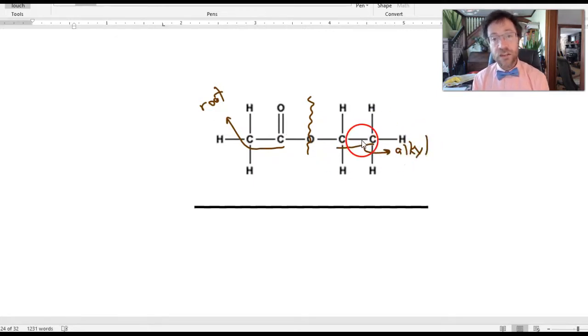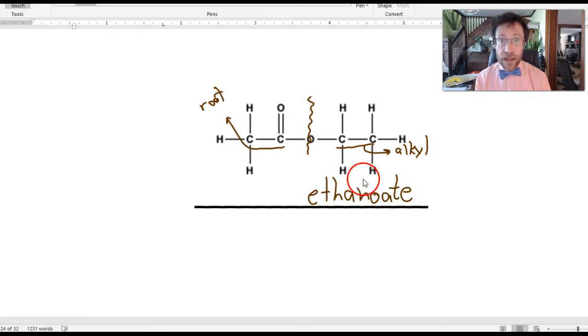No oxygen, so that used to be the alcohol. So ethane, switching it to O8, ethanoate, and my alkyl group, ethyl. Ethyl ethanoate.